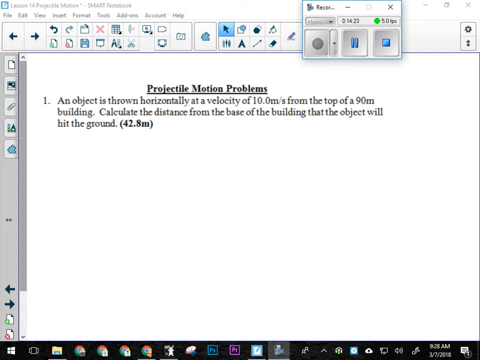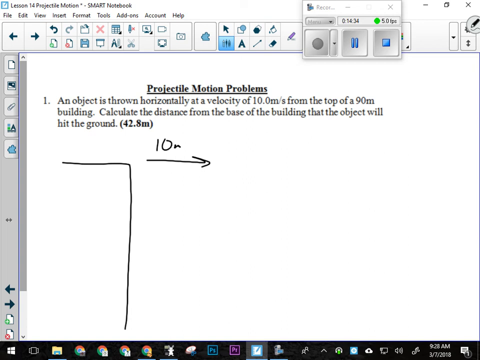Okay, so let's look at number 1 here. It's thrown horizontally at 10 meters per second off the top of a 90-meter building. And we know vertically that the building is 90 meters high. The acceleration is going to be 9.81 meters per second squared.